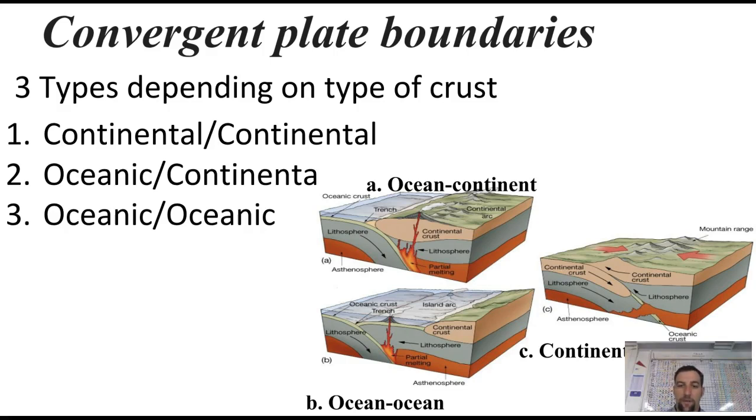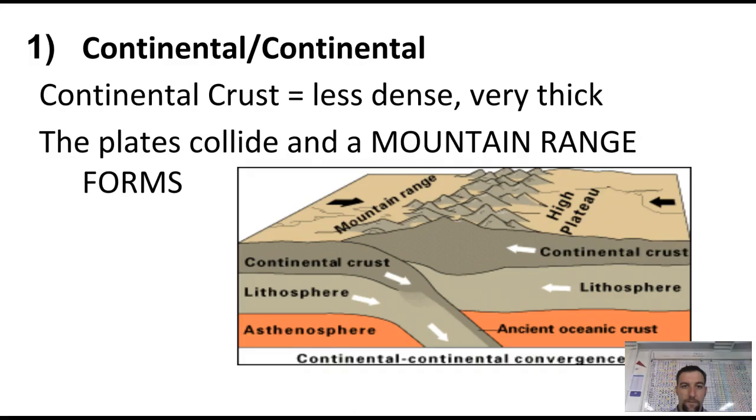You can see on the other one, oceanic, we're still going to have some subduction going on, but you're going to get volcanic islands that are created due to those subduction zones. That's one way that we're going to see islands in the ocean being formed, through oceanic convergence.